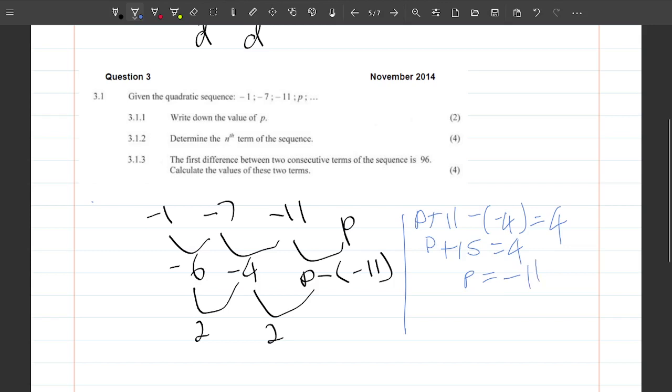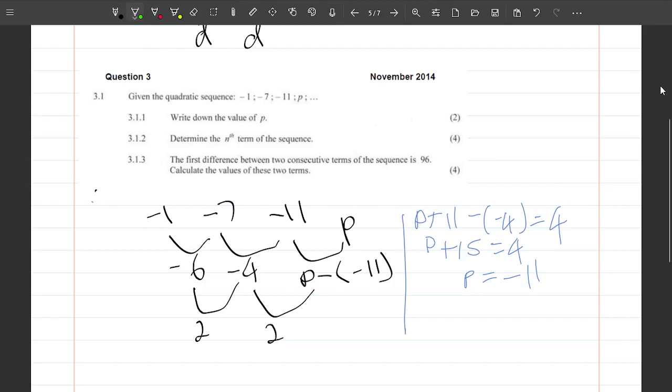Anyways, now that we have this in mind, let's see how we can find the nth term in this scenario. So in this scenario, I'm just gonna grab a different color for this. Okay, the green looks cool.